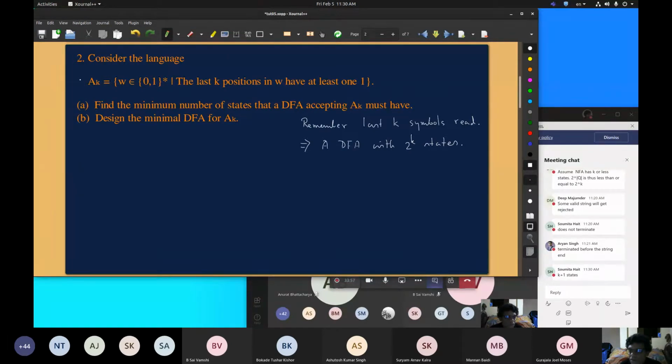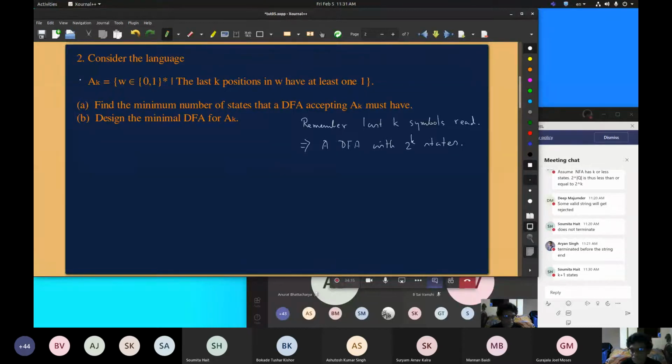k plus 1 states. Good suggestion. Why do you think so? Sir, there will be k plus 1 states.